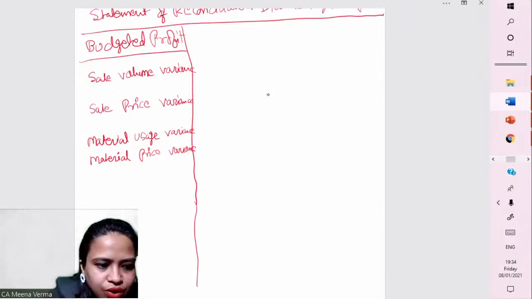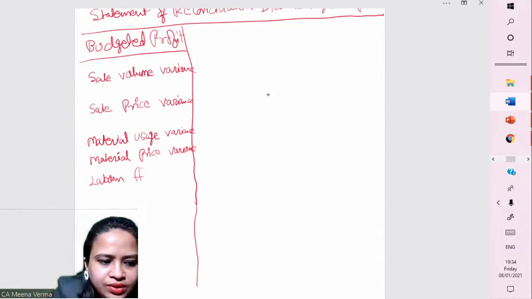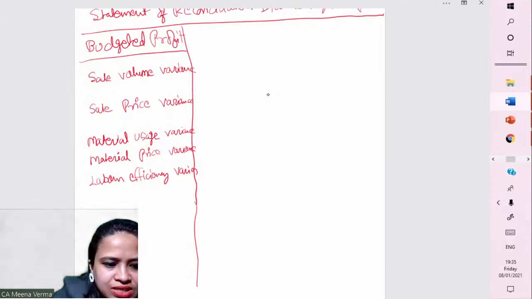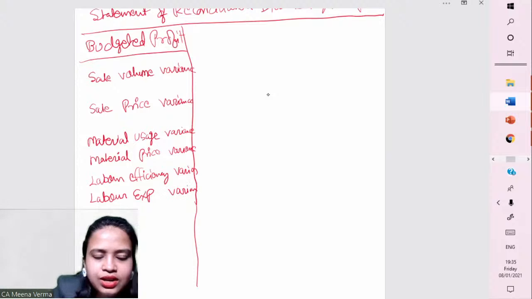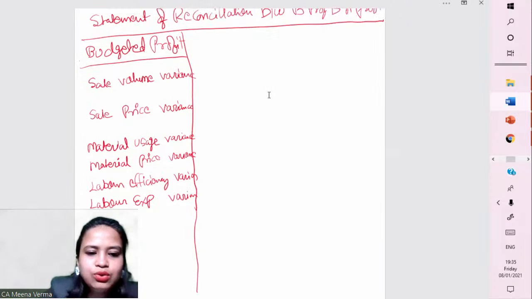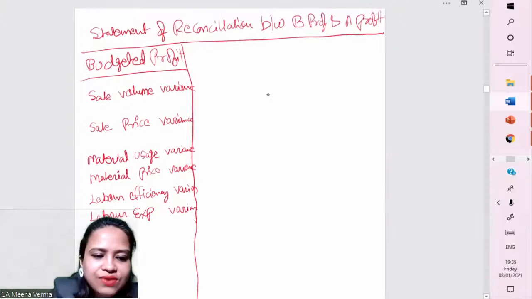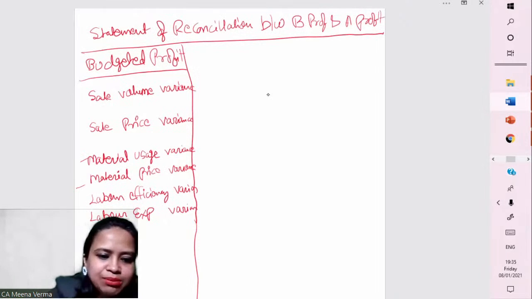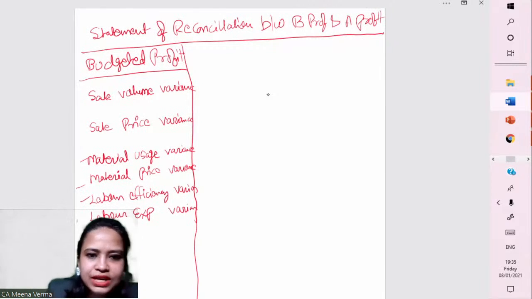For labor cost variance, you have to find the labor efficiency variance and labor expenditure variance.